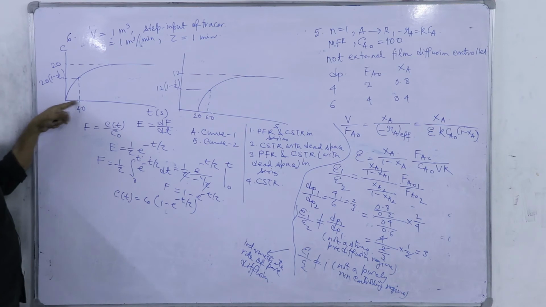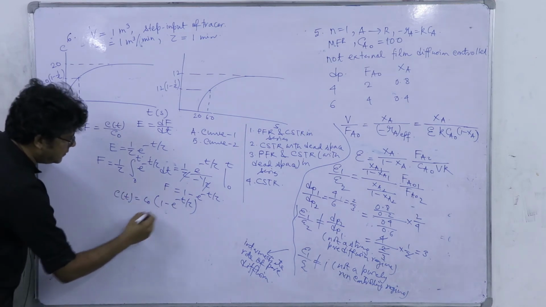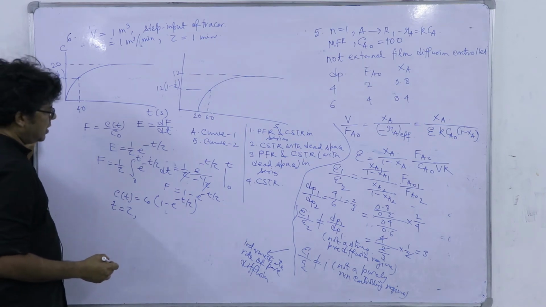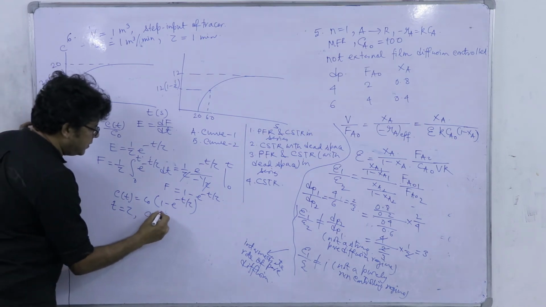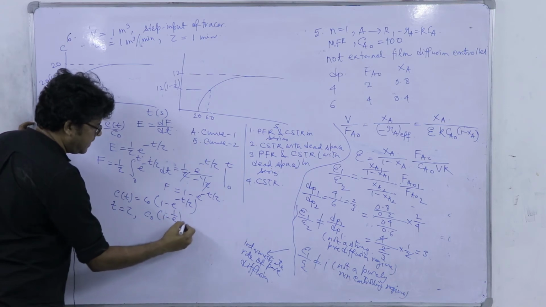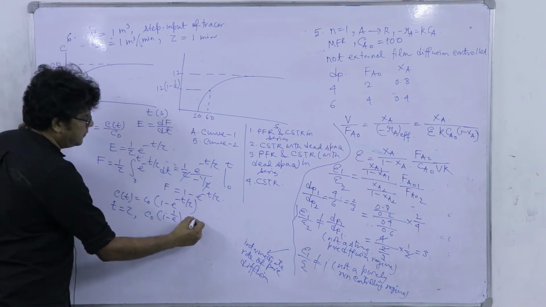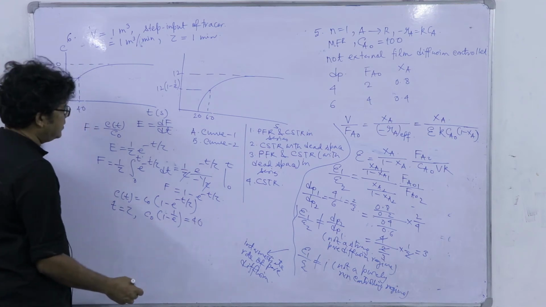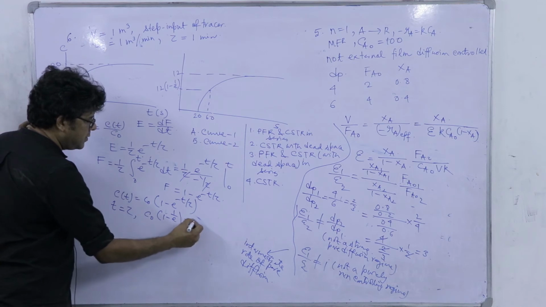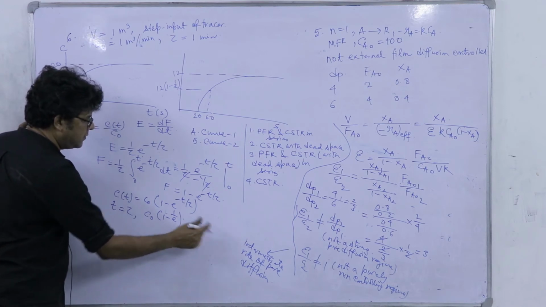Now, here you see, if I set t equal to tau, I will get C naught into 1 minus 1 by E. So, that is equal to 40. Sorry, that is the corresponding time, this is equal to Ct.